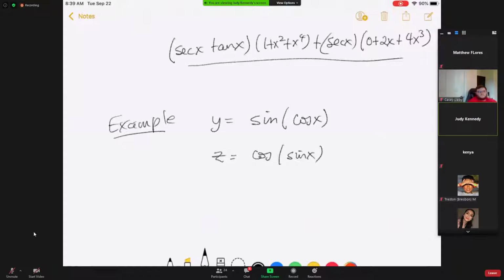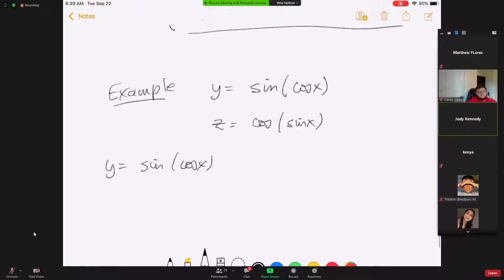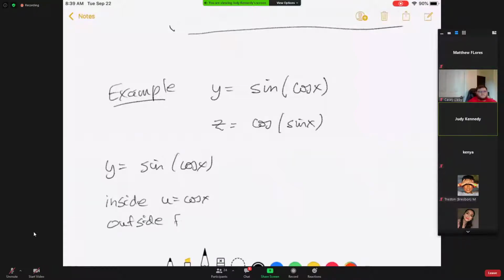Okay, so y prime, let's look at that first. The inside function is the cosine of x. The outside, f of u, is the sine of u.